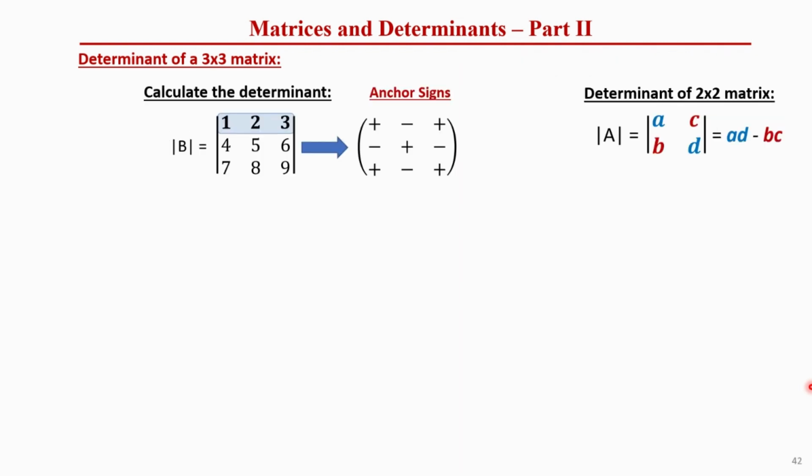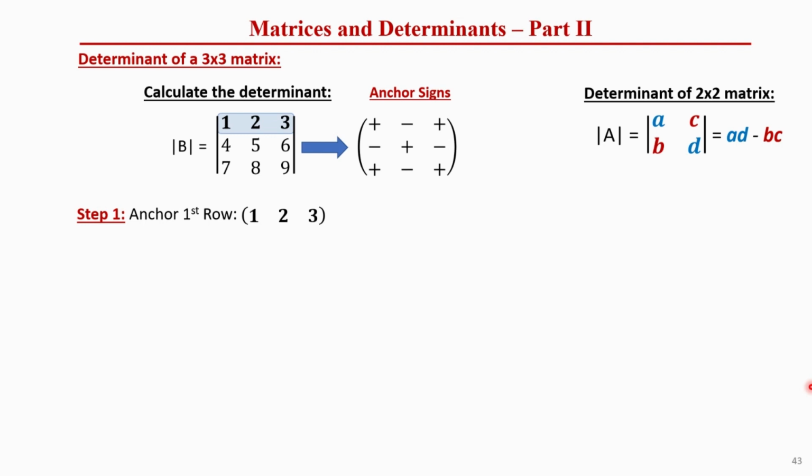And to let you know, or to summarize, or to just walk you through the steps once again, what we did was, for the matrix B, we first chose the anchor row. Well, you can select second row or third row or first column or second column or third column. It's up to you. But whichever row or column you pick, always stick to that row or column.